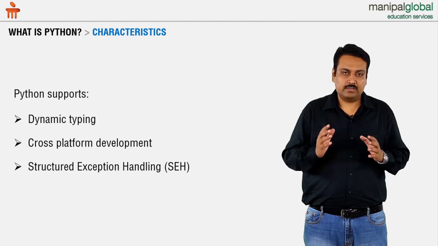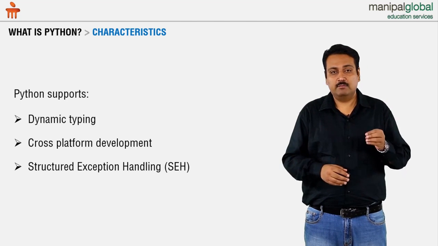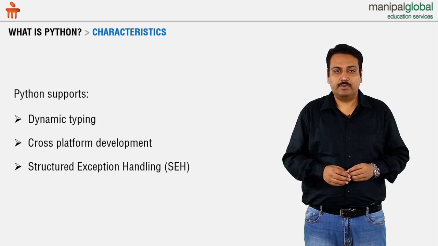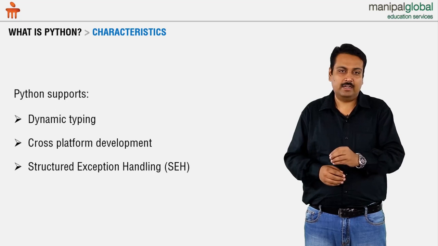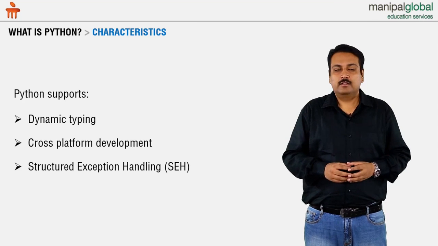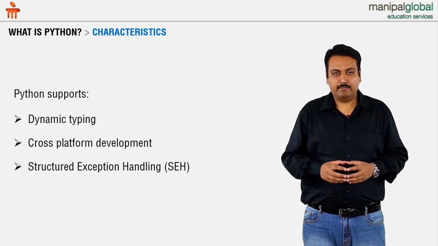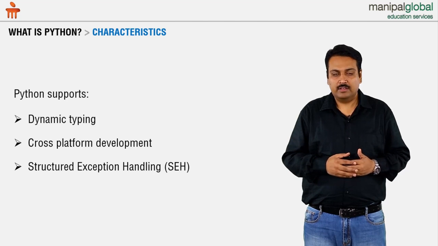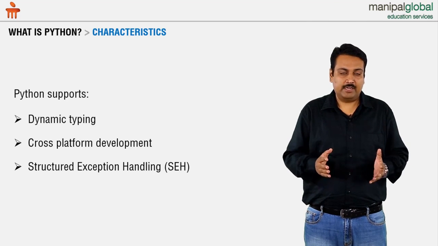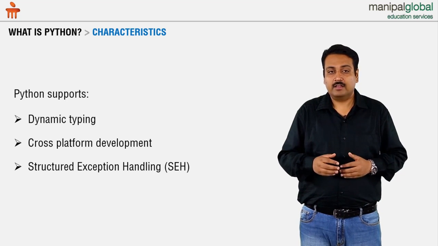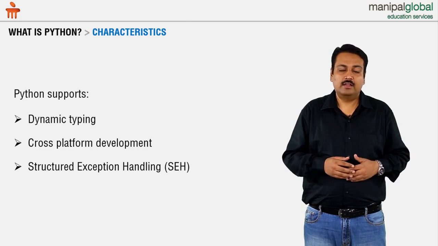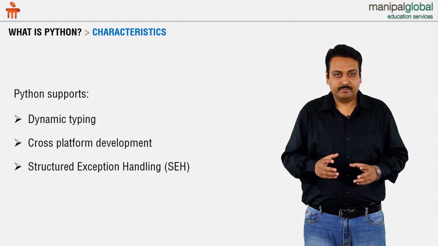So we have constructs that are available within Python that allow us to incorporate SEH or structured exception handling. And it is a capability that extends on other languages. That is, over here in Python, we can also have conditions within our except.